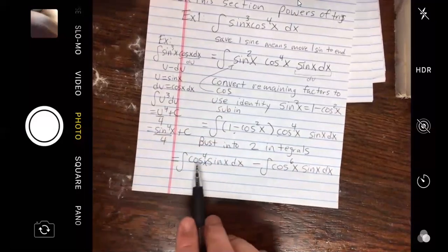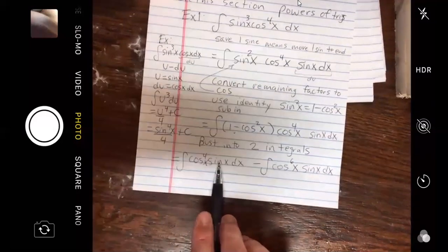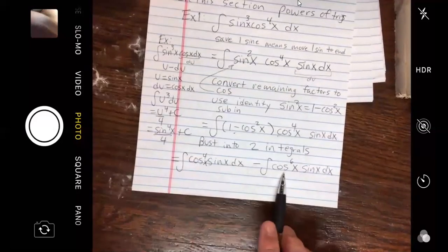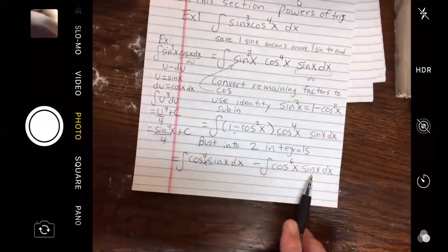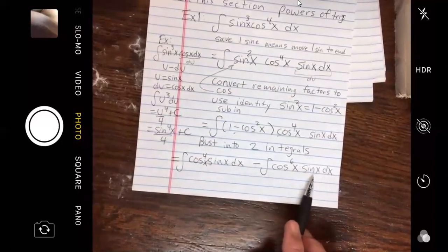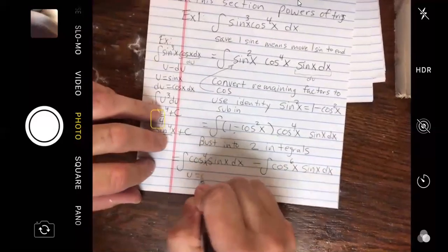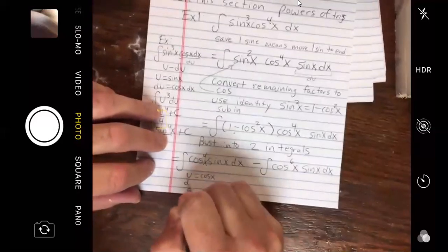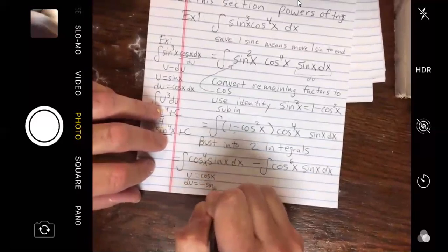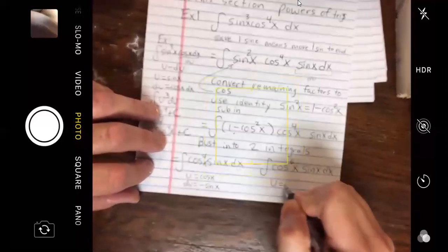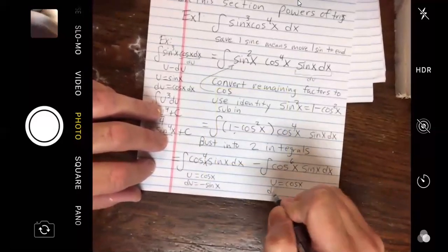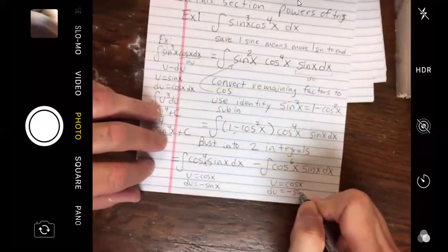If I make my u cosine, my derivative is a sine. Yeah, I know there's a negative, and same thing here. U is cosine, derivative is a negative sine. I can fix the negatives, and that's what you do next. U is cosine, du negative sine. Same thing here.